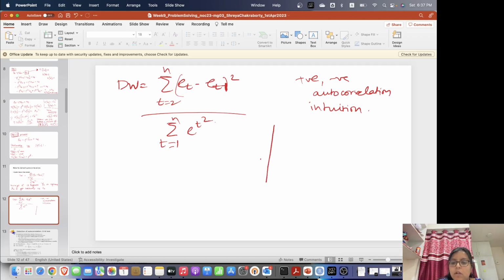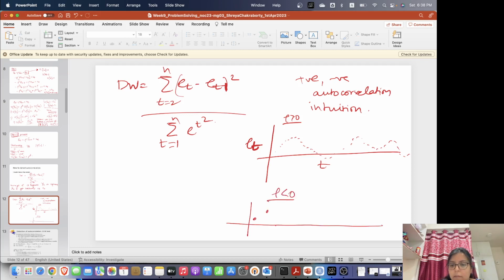So you remember the two graphs that we were shown. This is e_t versus t. Let's say this is for positive autocorrelation. So we would have something like this, a sinusoidal kind of graph. And for negative autocorrelation, we would have something like this, alternating patterns. So now you see here, if the points lie very close to each other, the difference between two consecutive points will be smaller.